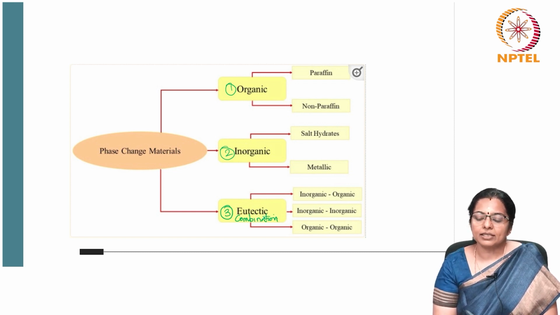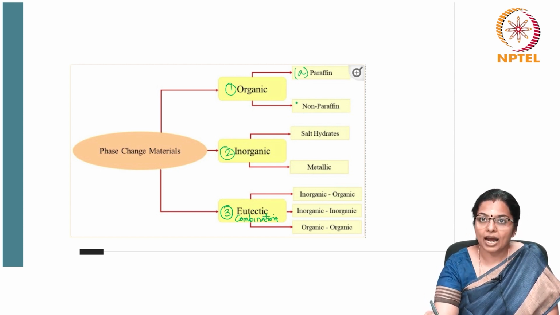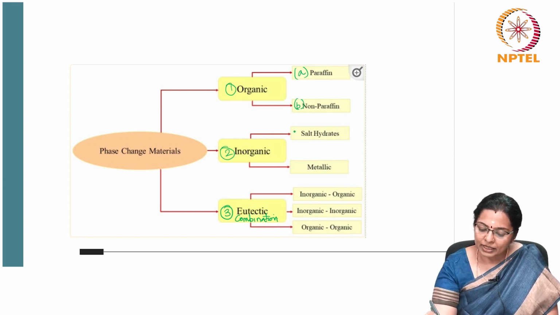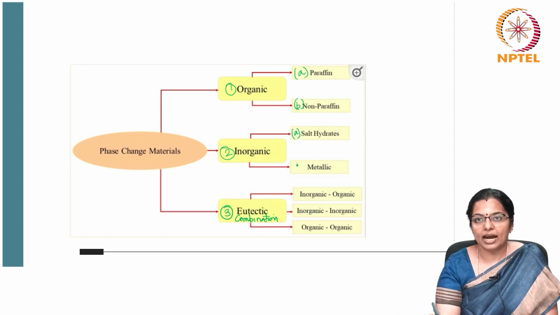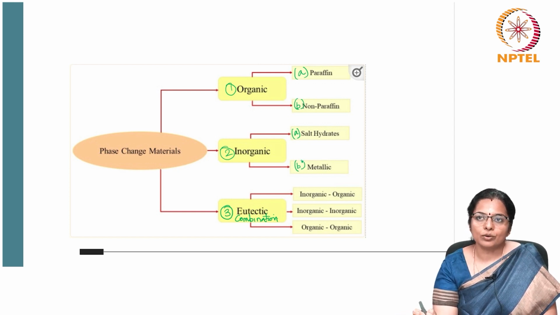Organic materials in turn can be classified as paraffin and non-paraffin. They can change their state several times without displaying any degradation. Inorganic materials can be classified as salt hydrates and metals. These two belong to inorganic materials.